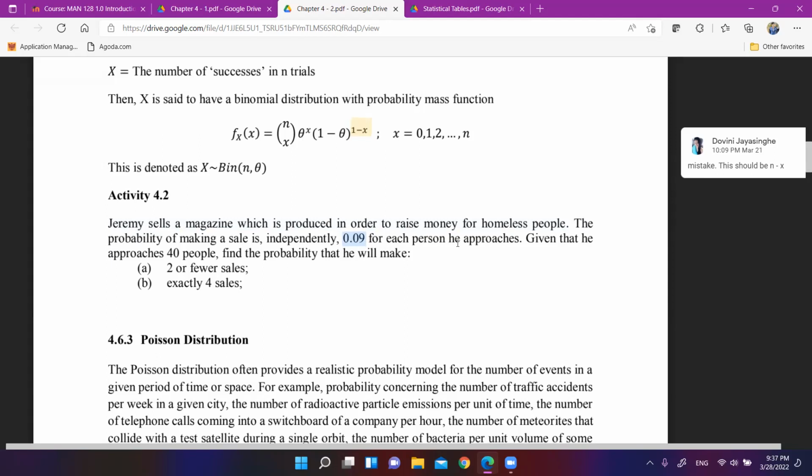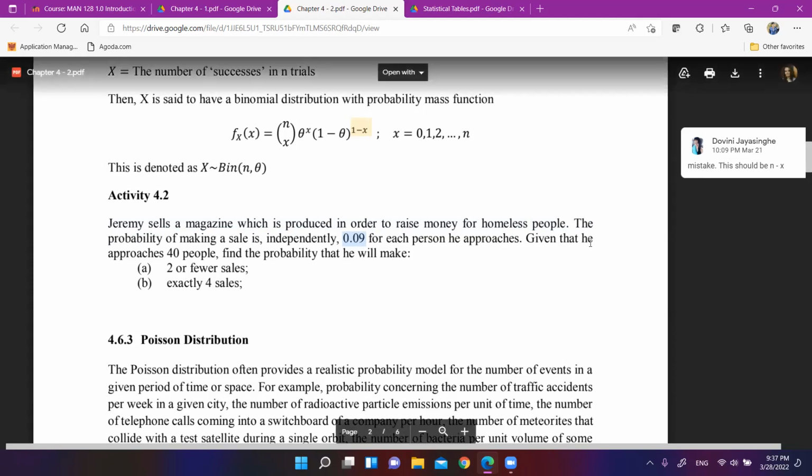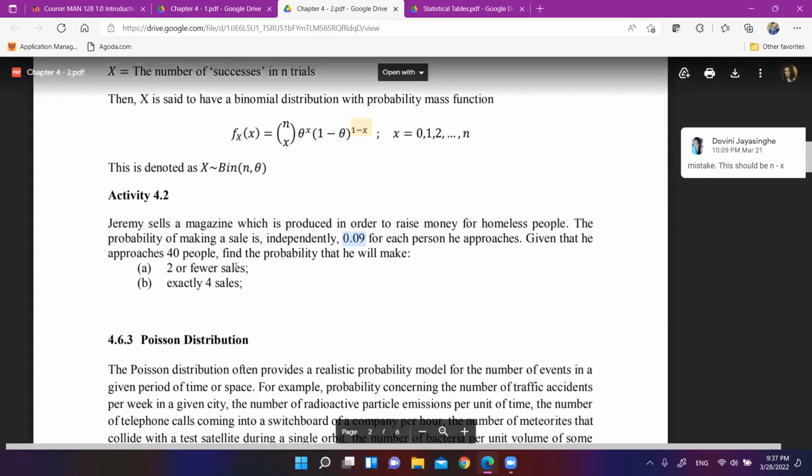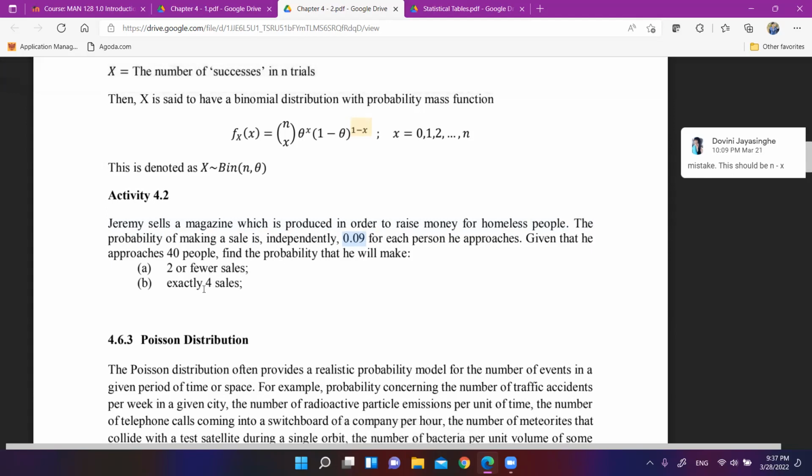Given that he approaches 40 people, find the probability that he will make 2 or fewer sales, exactly 4 sales. Then what are the number of trials here?